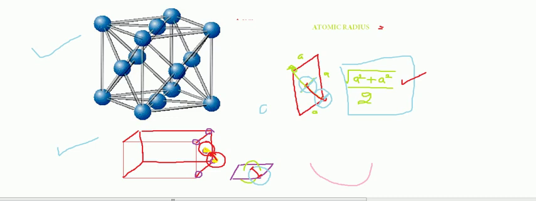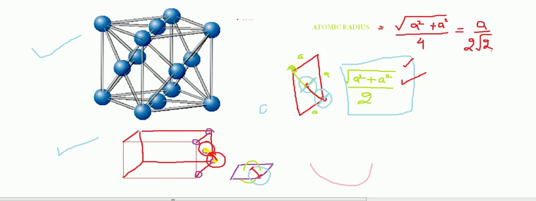The atomic radius will be root over a square plus a square, divided by 2, and half of this will give you a 4. So what is the answer? The answer is a by 2 root 2. This is the atomic radius of the face centered cubic cell.